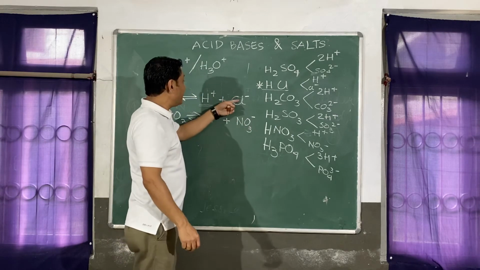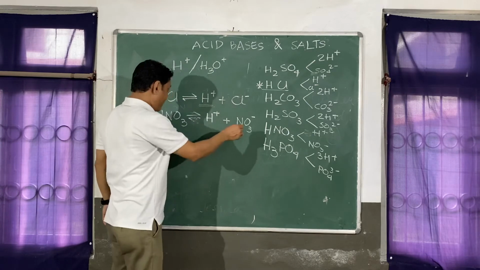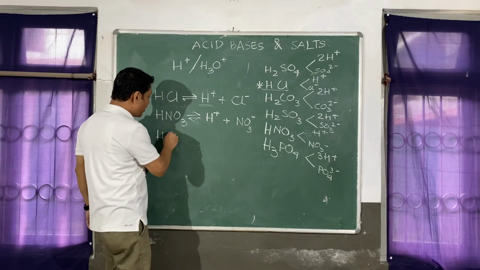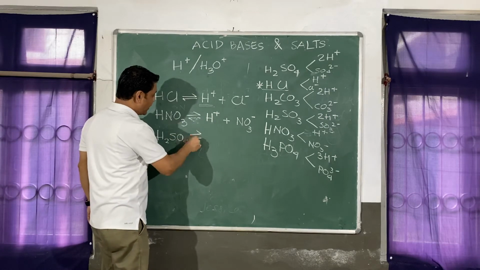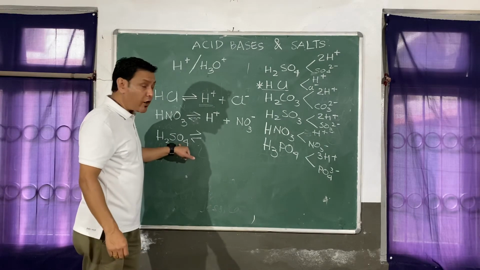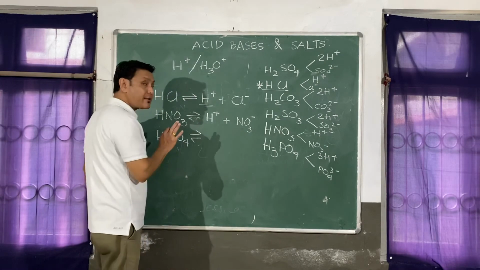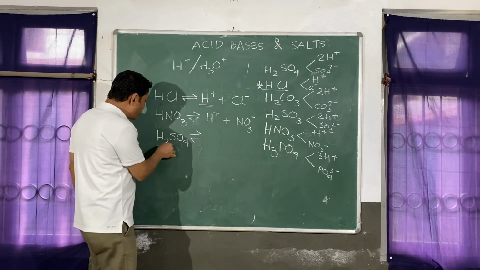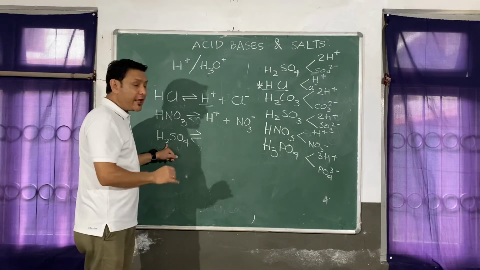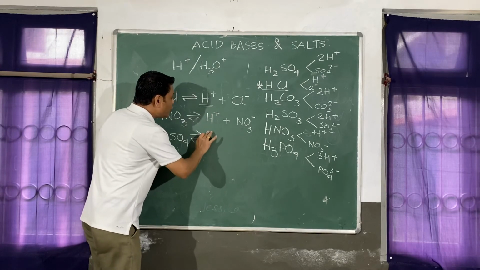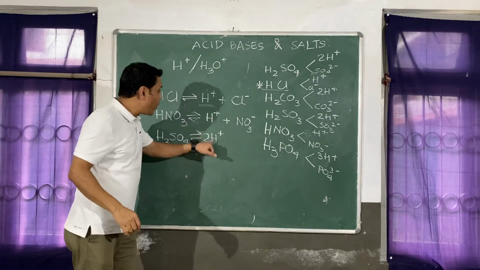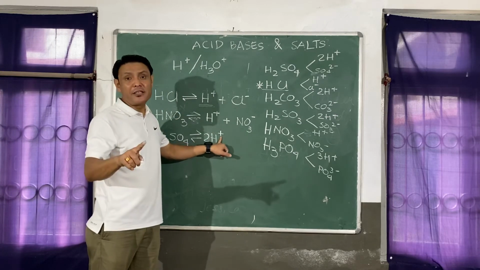Now we come to sulfur. Let's talk about sulfuric acid, another strong acid, which dissociates to produce, now please understand this, since there are two atoms of hydrogen, H2, it produces two ions of hydrogen with a single positive charge. Why is it a single positive charge? Because the valency of hydrogen is 1.